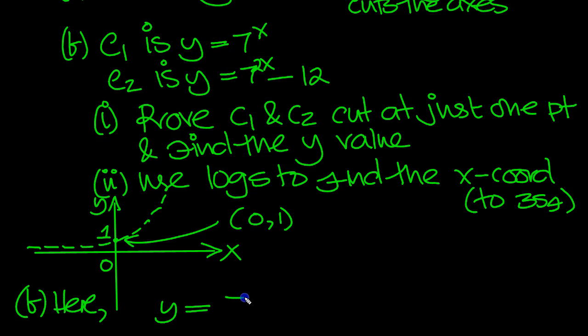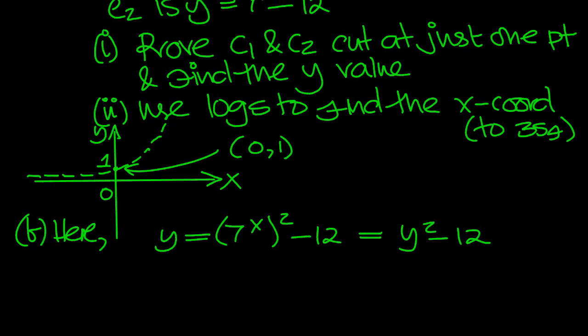This is 7 to the x squared, isn't it, using properties of indices, minus 12. And put the other y value in, y also equals this. We can replace the 7 to the x, so it will be y squared minus 12. So that's a quadratic then, which is what the question asked us to form.